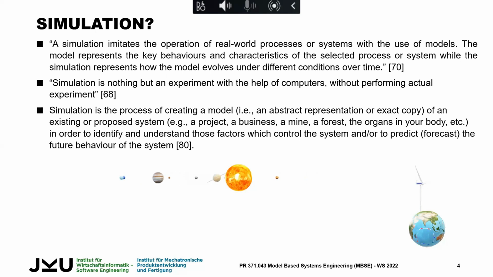So this is not always true, but in most cases this is true. When we are talking about simulation, we think that we create some model in the computer and see what the behavior is.